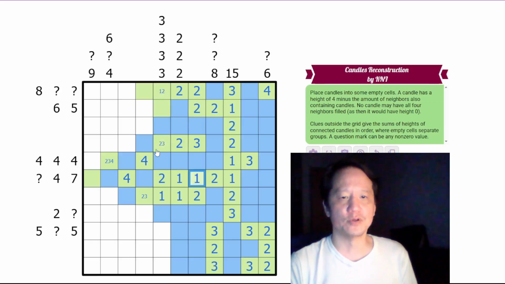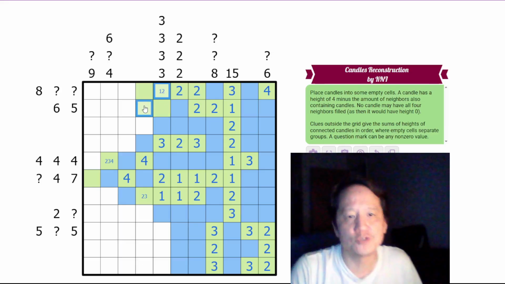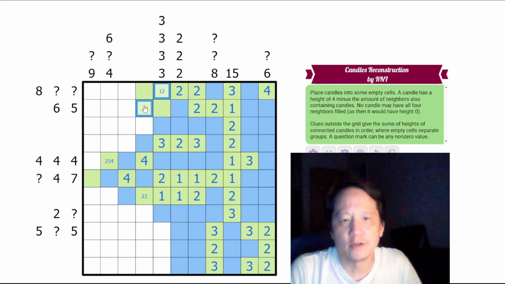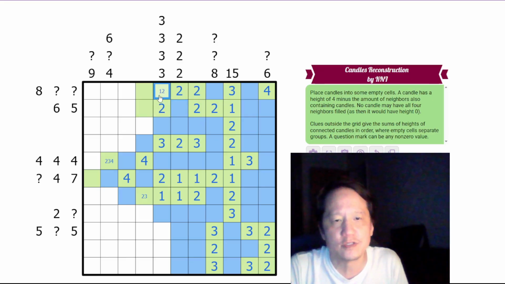So this is blue, this is 3 then. This has 2 neighbors at least without. This must add up to 6, so it has to go this way. This has 2 neighbors with candles, so it must be 4 minus 2, which is 2. This has 3 neighbors with candles, so that's 1.